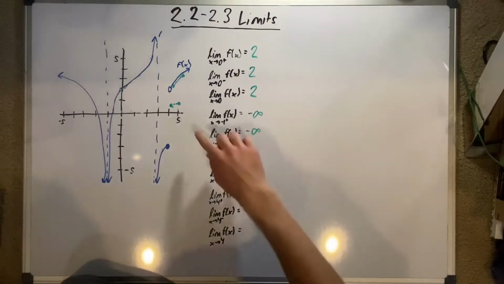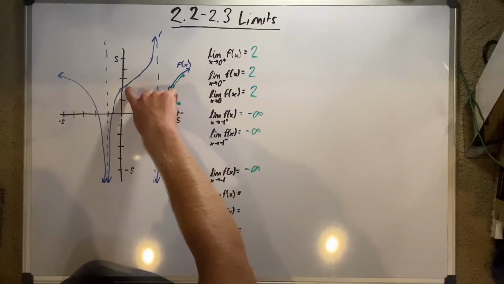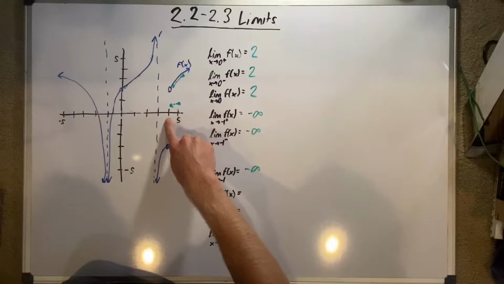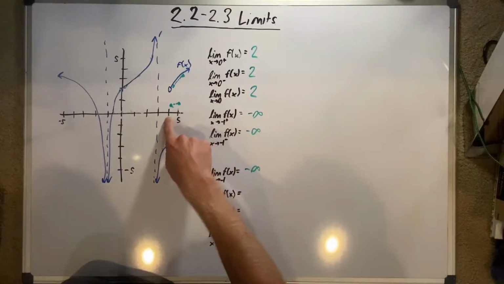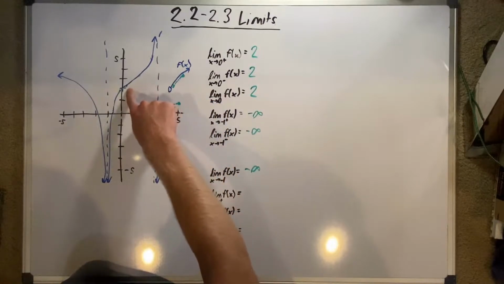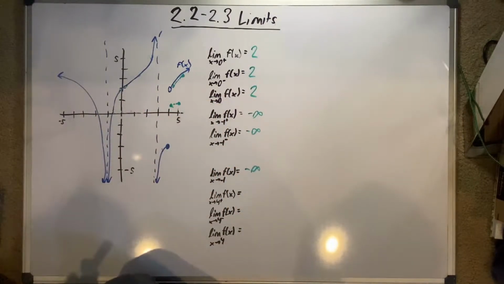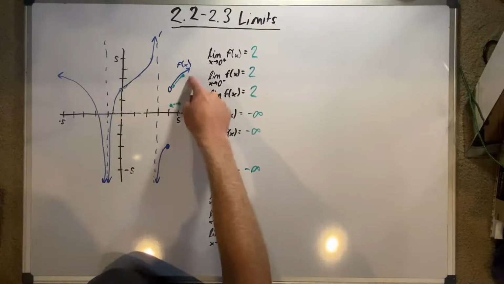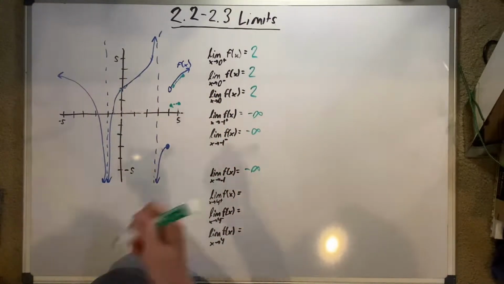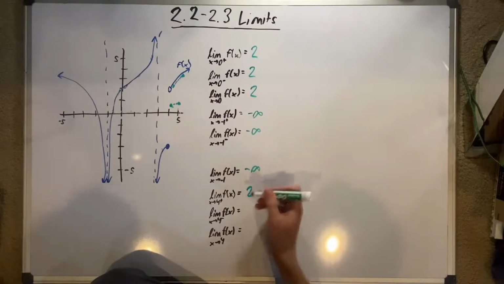Or I keep saying 2, I mean 4. If I'm talking about the x, infinitely close to the number 4 without actually getting there, which means we're getting infinitely close on the y-axis to the number 2 without actually getting there, which means the limit as x approaches from that side is 2.